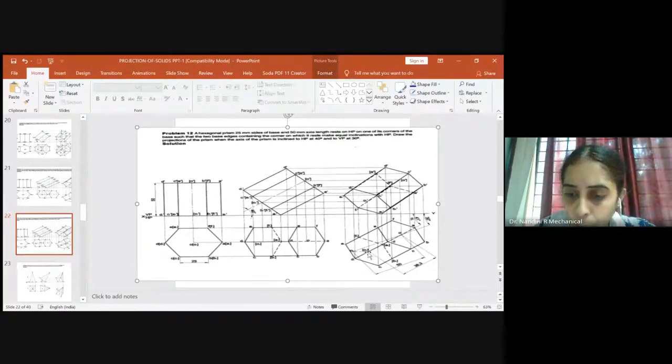Similarly, from O1 measure the distance to D1, because all these points are coming along our apparent length line only. Come back here and cut an arc. So you got D1 also. So this part is over.